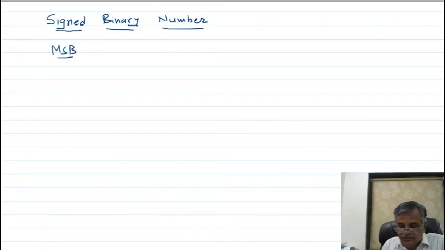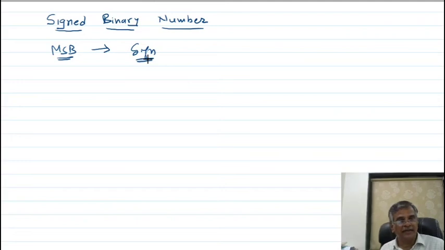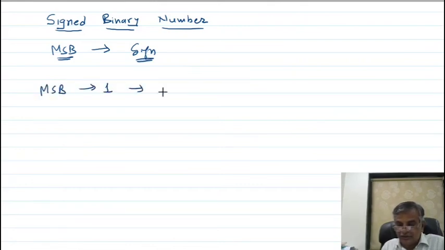If the MSB of a binary number is 1, the sign is negative. If the MSB is 0, the sign is positive.